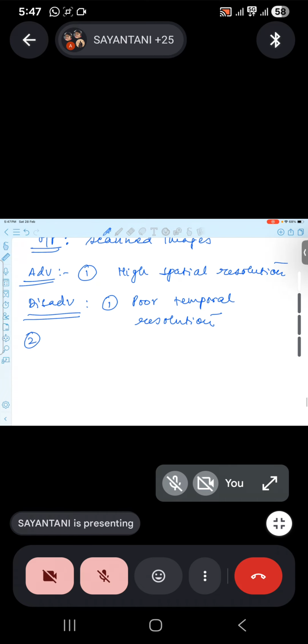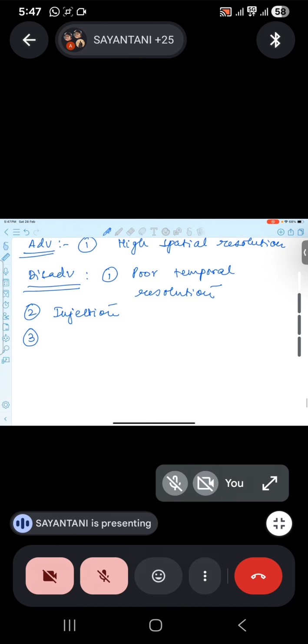And the second part is you need this kind of injection for performing your scan. So that is a bit problematic. Everybody might not be comfortable with that method.